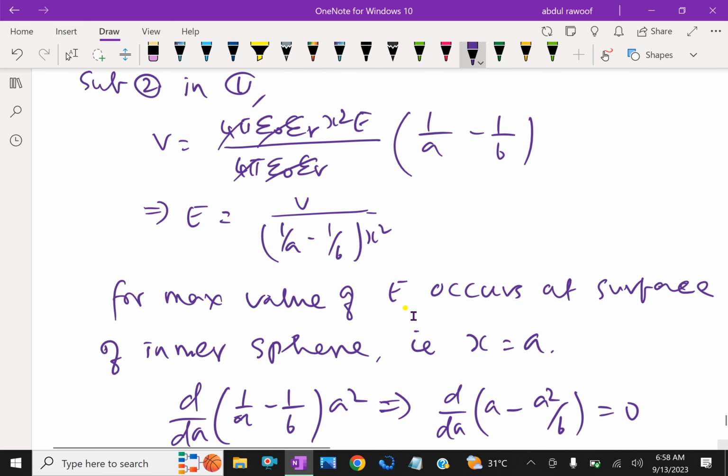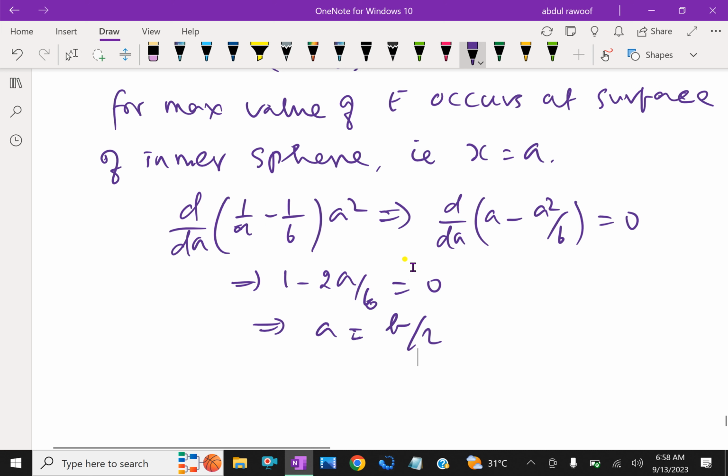Then substitute this A here, that is A equals B by 2.